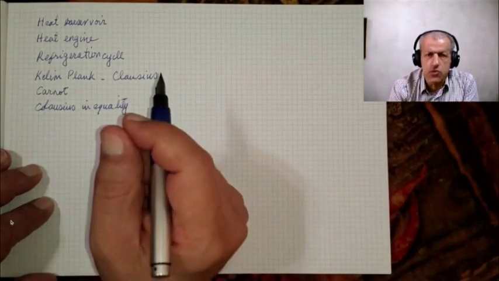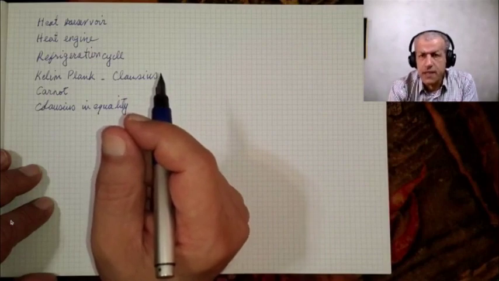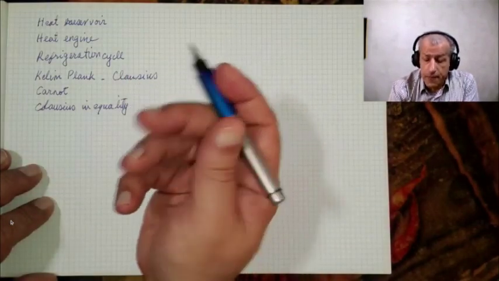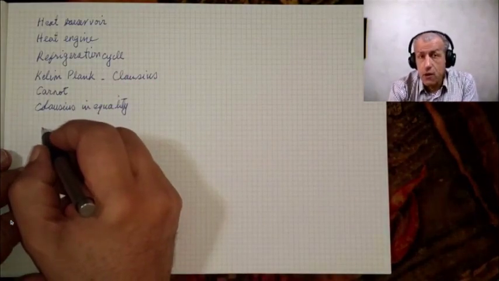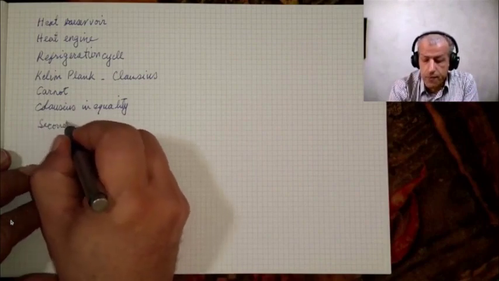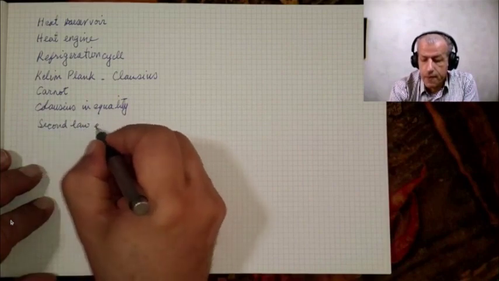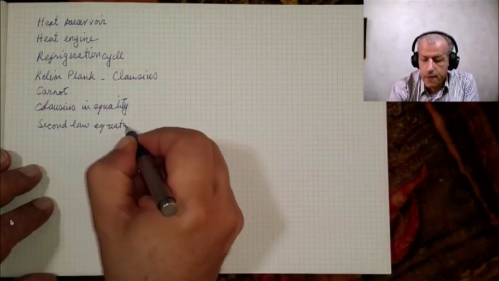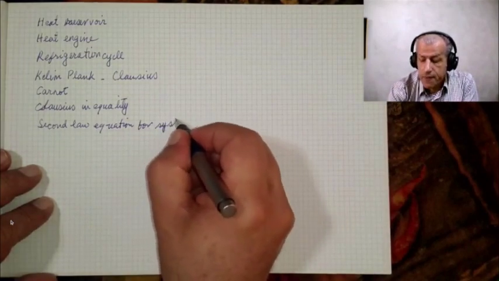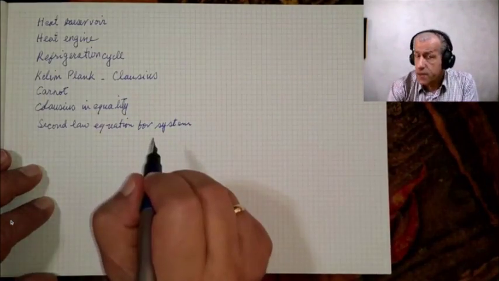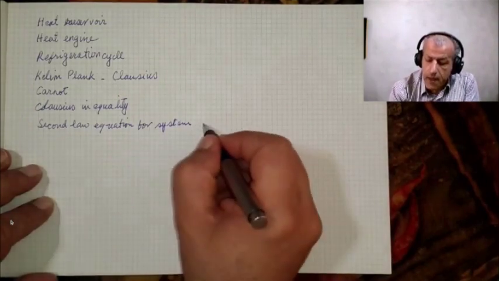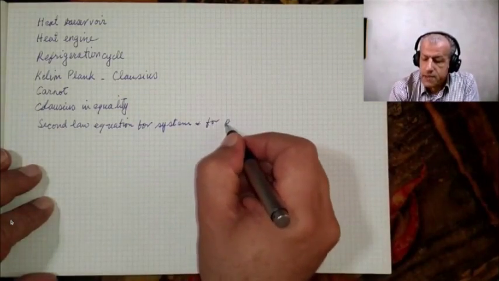Many students are not used to handle inequalities, and then gradually we come to the equation of the second law for a process. Second law equation for system and not a control volume, and for a process.